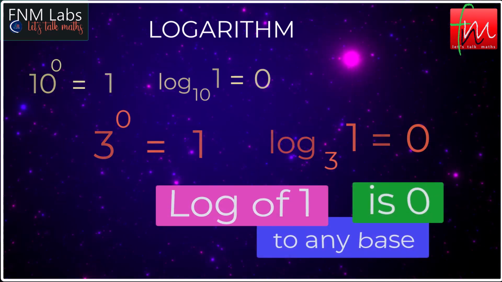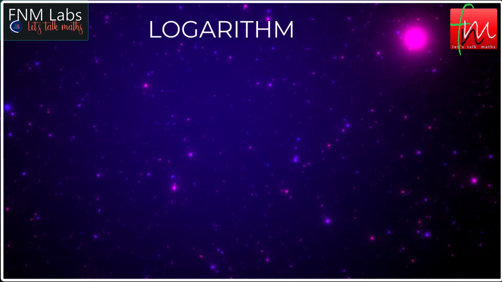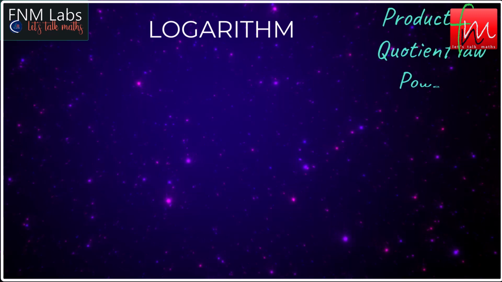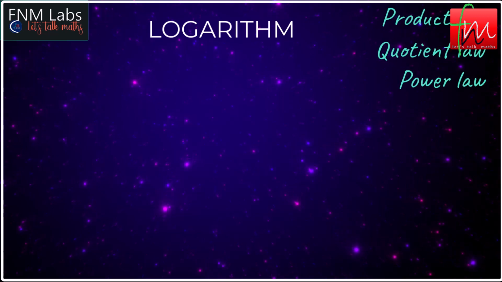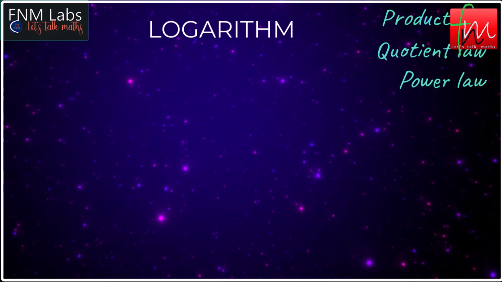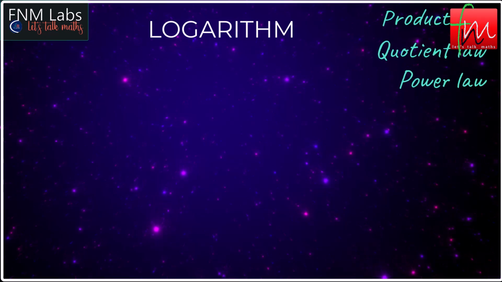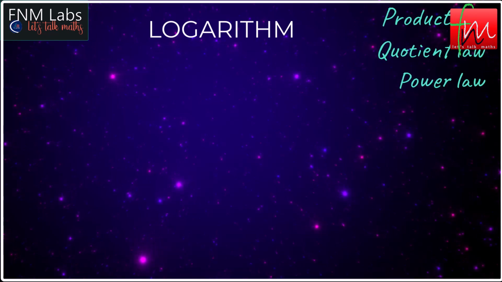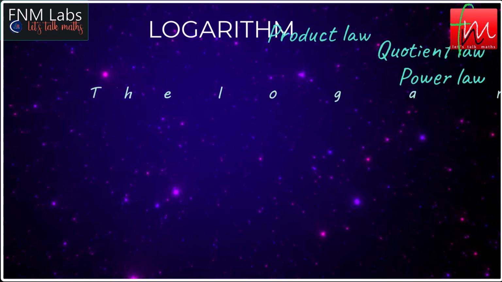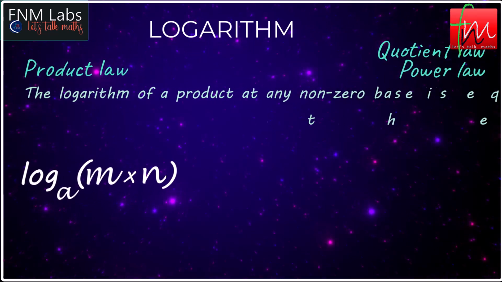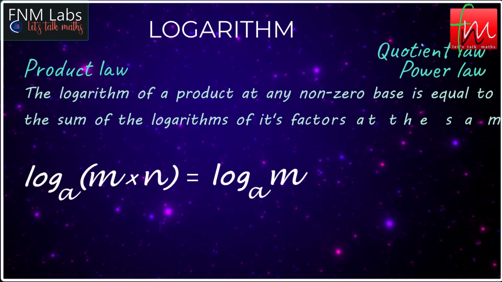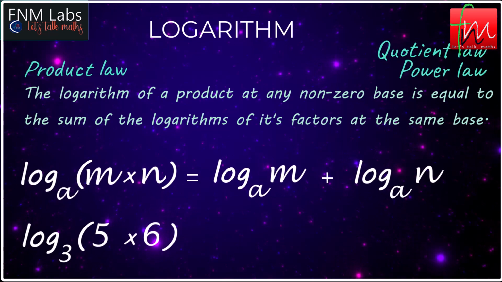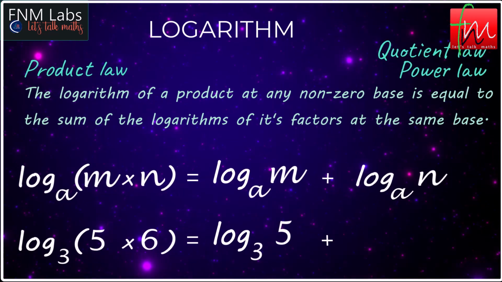We were able to do arithmetic between exponential numbers using certain rules like product, quotient, and power laws. In the same manner, product, quotient, and power rules are there for logarithmic numbers too. For example, the product law says that the logarithm of a product at any non-zero base is equal to the sum of the logarithms of its factors at the same base.